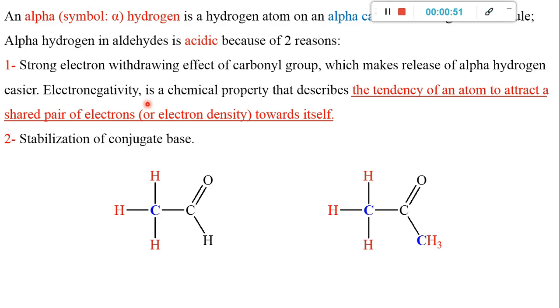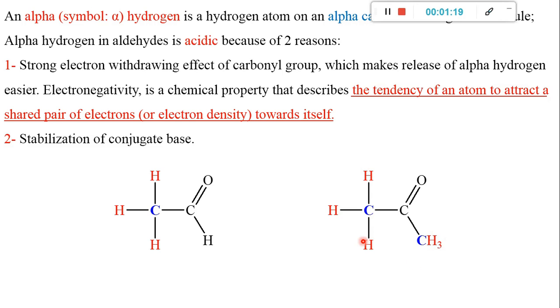An alpha hydrogen is simply a hydrogen attached directly to the alpha carbon, and the alpha carbon is attached directly to the carbon of the carbonyl compound. In this example for aldehyde, the other example for ketone. In a ketone such as acetone, we have 6 acidic hydrogens.